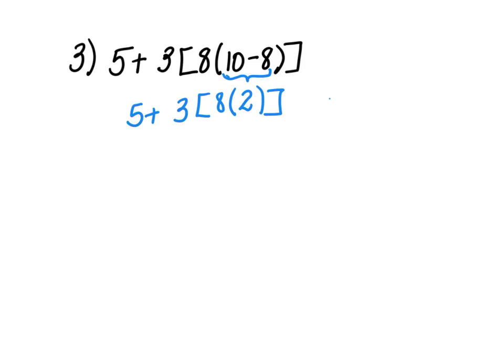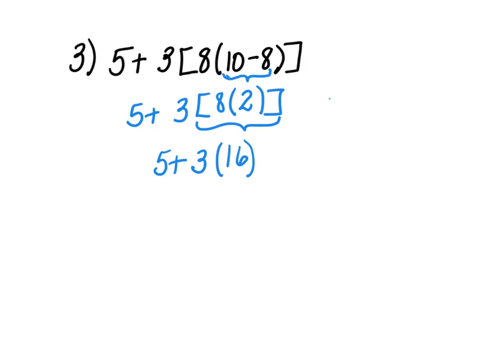So now I need to work within the next grouping symbol. So I have 8 times 2 within that grouping symbol. 8 times 2 is 16. Now remember the bracket was meaning to multiply, so I need to either keep the bracket or write parentheses so that I know to multiply the 3 times the 16.